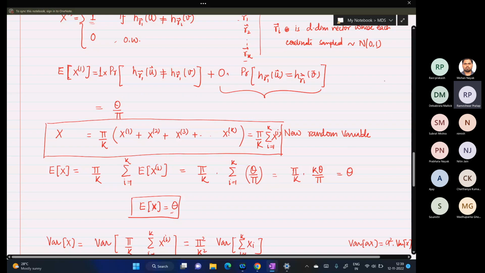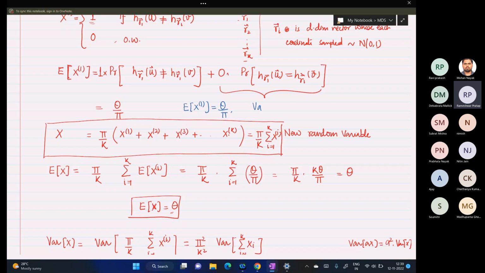Okay, so here if we summarize, E of x1 is theta by pi, and if we calculate variance of x1, you can verify, this will turn out to be theta into pi minus theta upon pi square, I guess, if I'm not wrong.